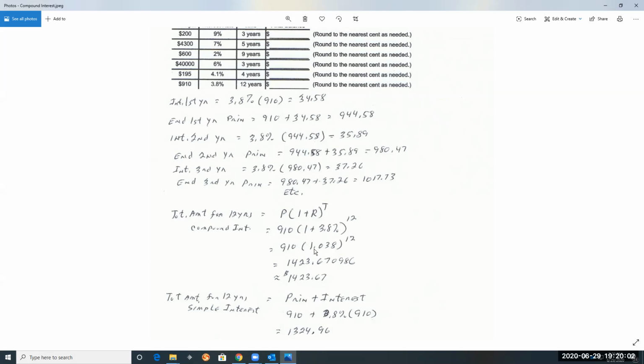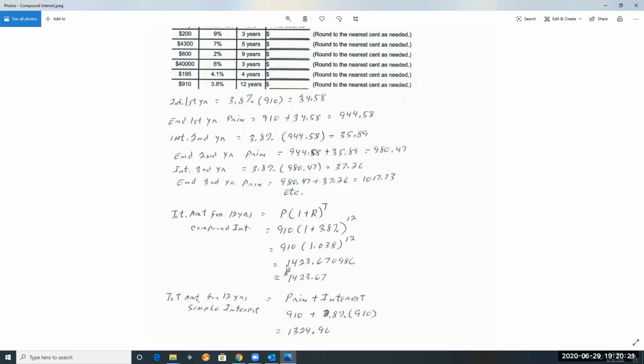So what we want to do on a calculator is add these numbers together. So that's going to be 1.038. We want to raise it to the 12th power.